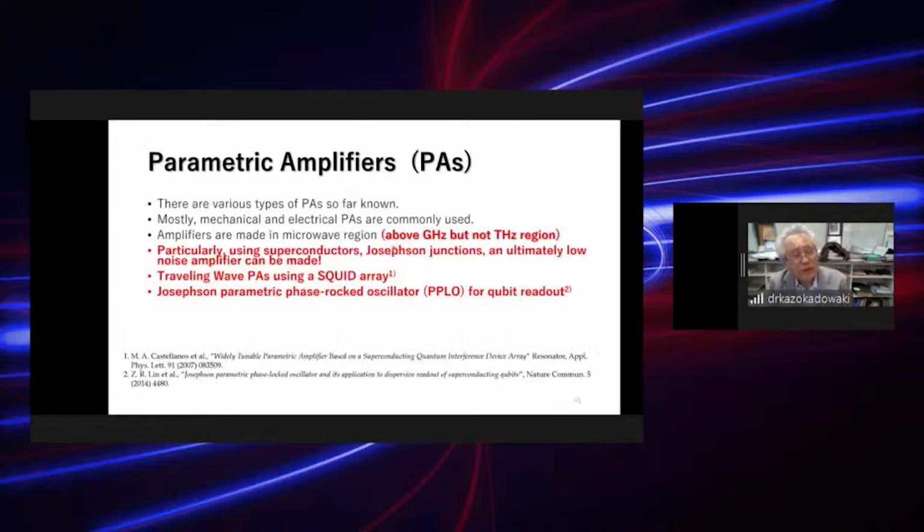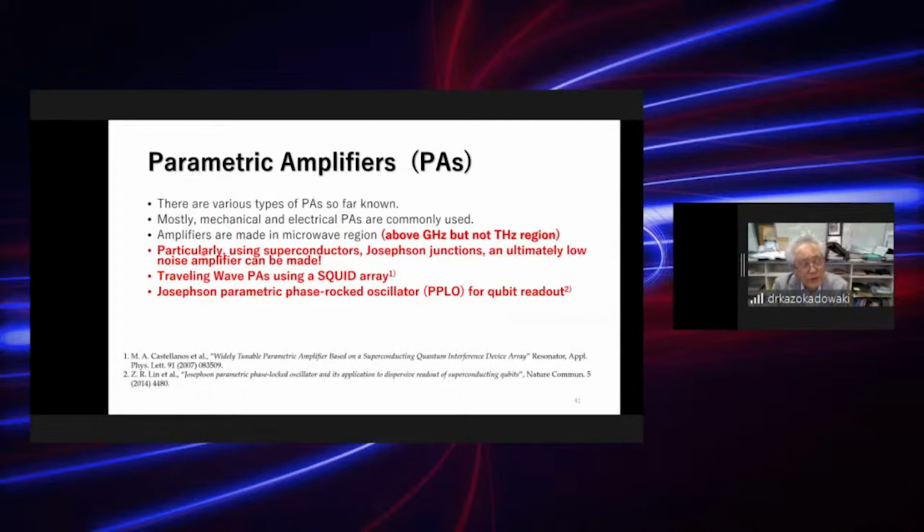So how to make higher power? We are now considering a parametric amplifier, we call PA. This has been very well known since a long time ago. Mostly mechanical or electrical ways were used before.